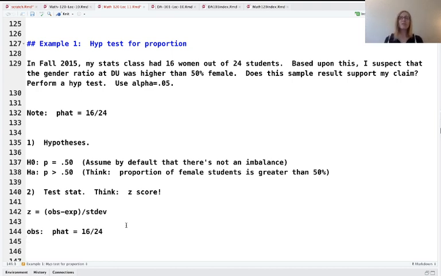That's the thing that we actually saw in this real-world sample, my stats class. Our expectation, of course, has to be the population proportion. Here, that's coming directly from our hypotheses. We're going to assume the null hypothesis is true, that p is equal to 0.5.